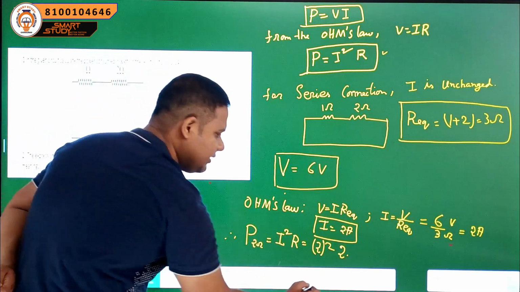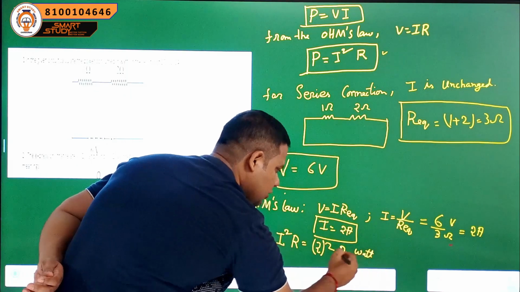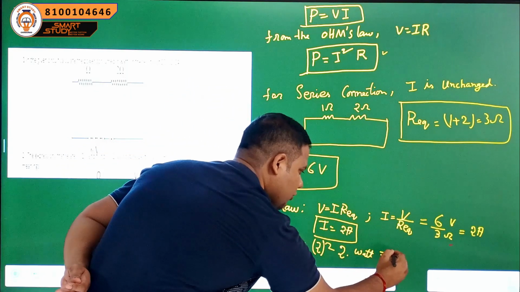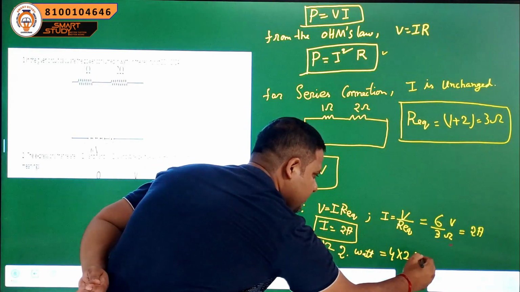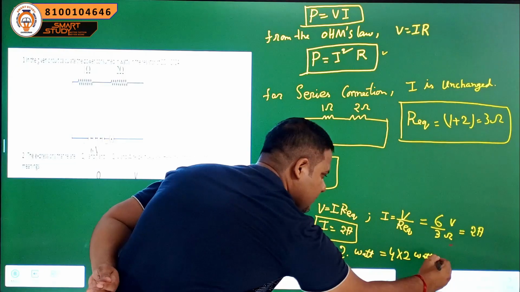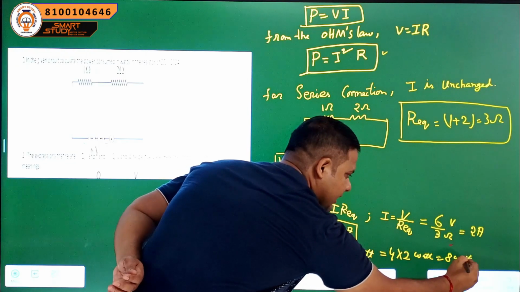The unit should be watt. So 2 square is 4, and 4 into 2 is 8 watt. This is our required answer.